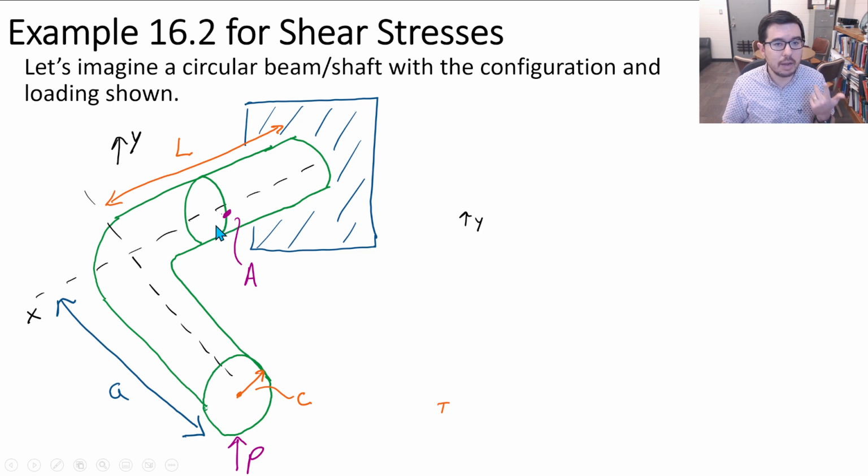So that's where that 4/3 tau average is going to become useful in a few minutes.